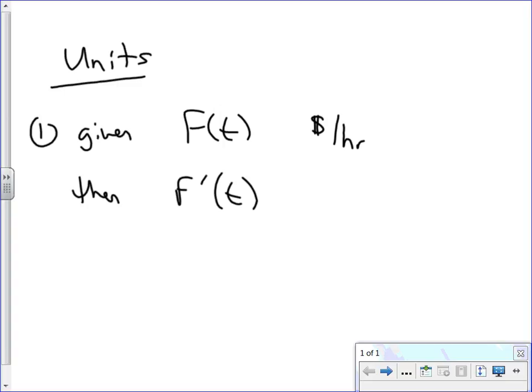If you take the derivative of dollars per hour. Dollars per hour, per hour. Like meters per second. If you wrote dollars per hour squared, that would be fine, but you lose the intuitive part of this. The dollars per hour are changing.